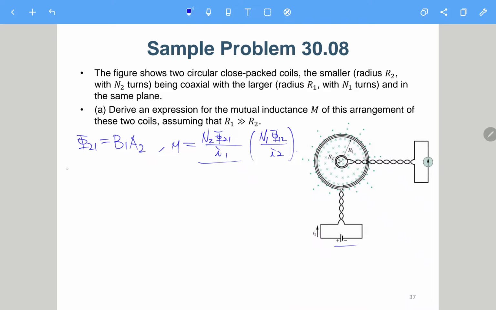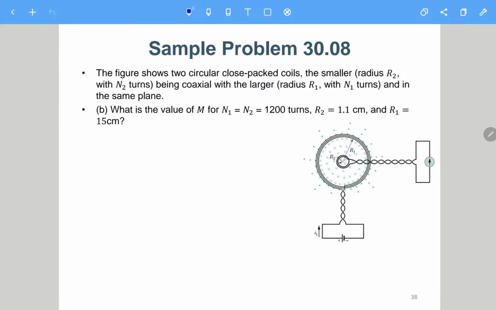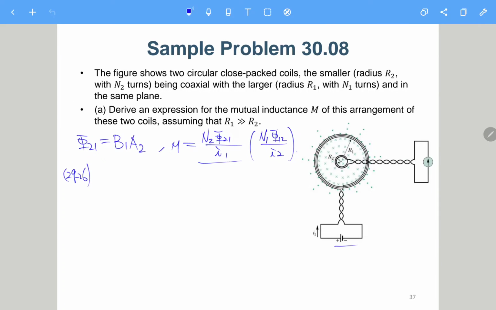In chapter 29 we have equation 29-26, Bz equals mu 0 I R squared over 2 times (R squared plus z squared) to the 3 over 2 power.